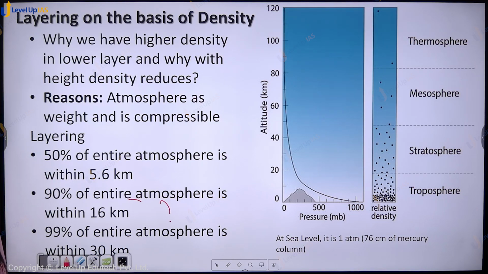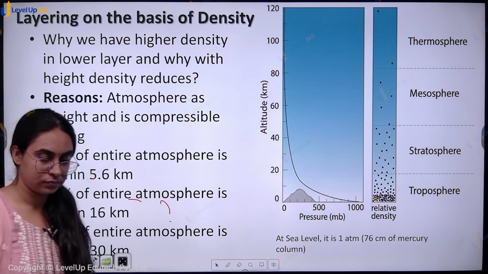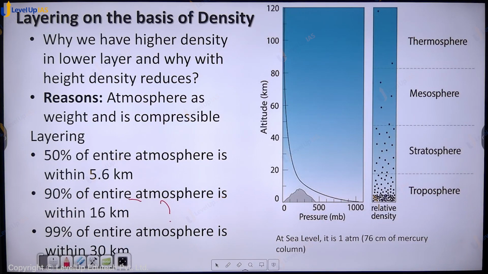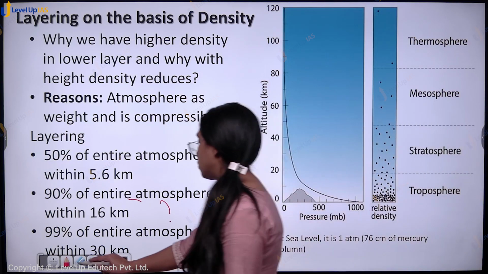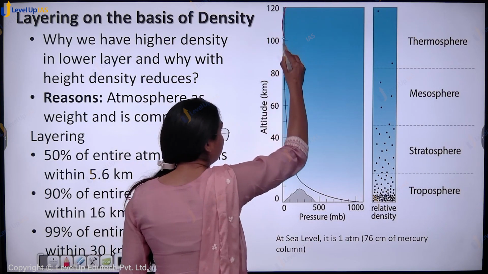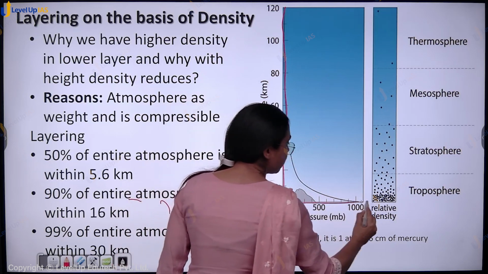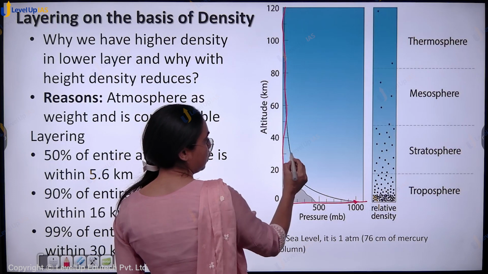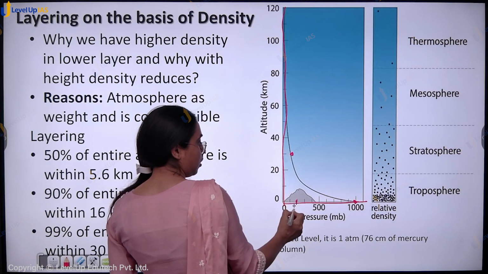Is it fine or not? Now the diagram. This is trying to show altitude. This is trying to show pressure. This is 1000. This is up to 630 kilometers. It is maybe 100 MB.